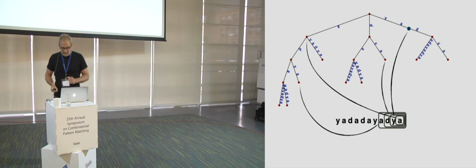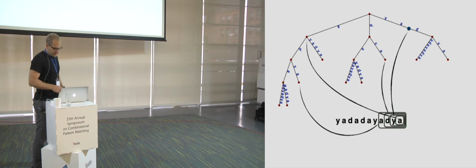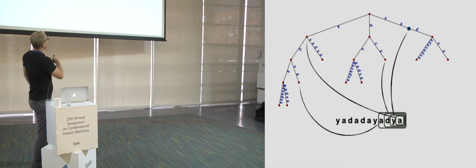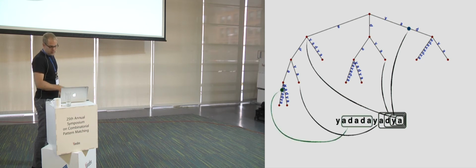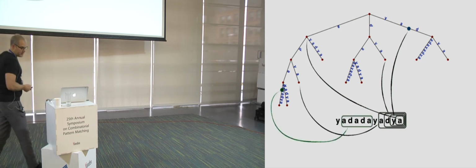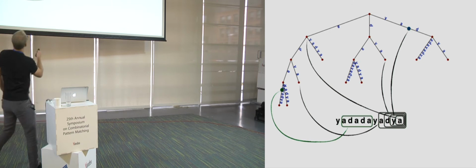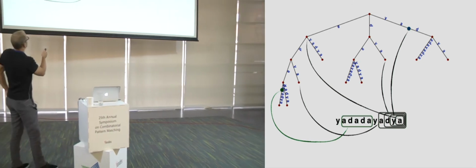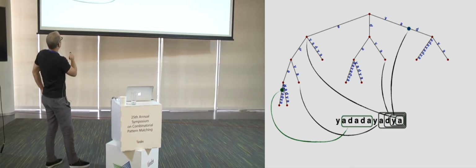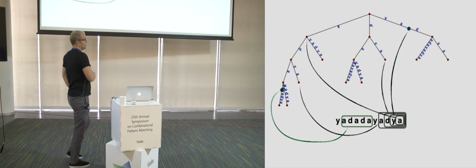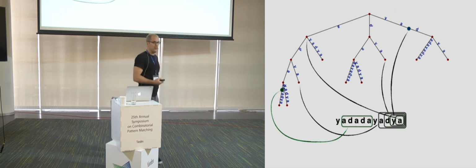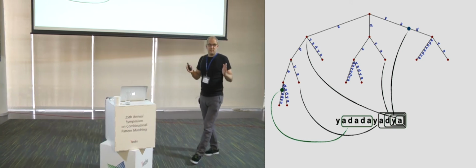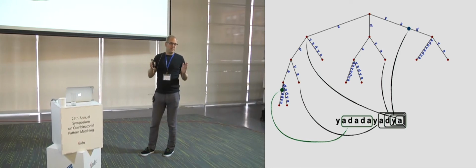And since it contains all suffixes, it also contains all prefixes of suffixes, which is all substrings. So for instance, we have the string ADADA. We find that by going from the root, ADADA, stopping at that point. And we can find any pattern that's present in the string, in time proportional to the length of the pattern.